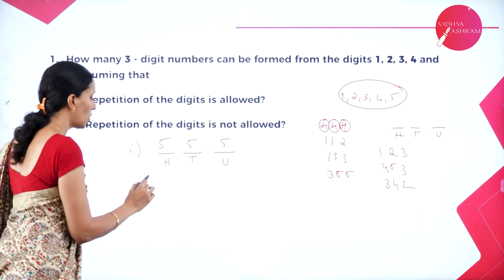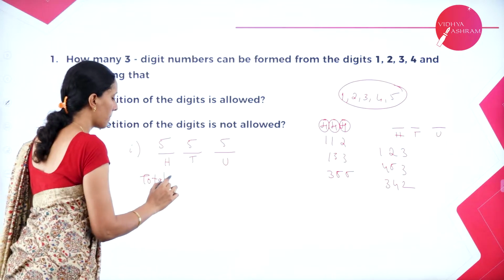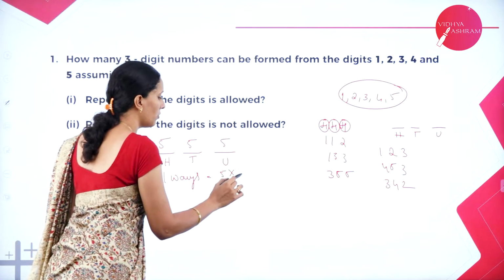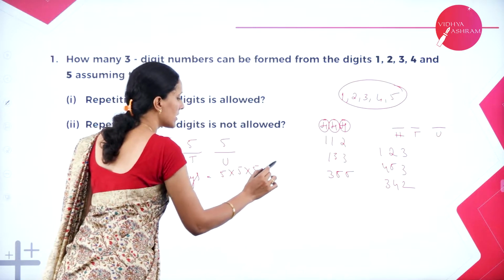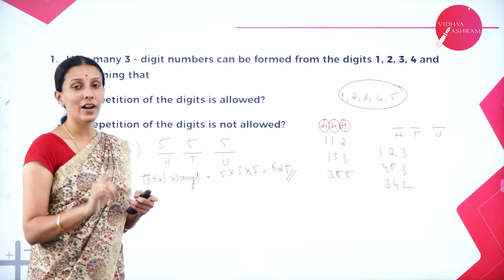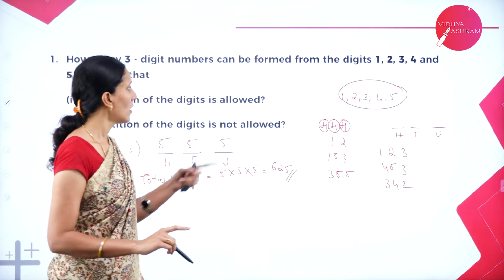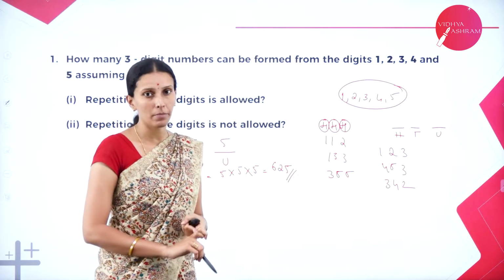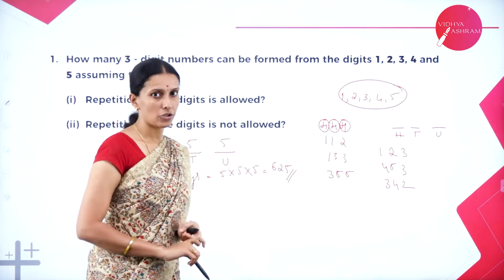Therefore the total number of ways is 5 into 5 into 5, which is 125. So 125 3-digit numbers are possible with repetition of digits.